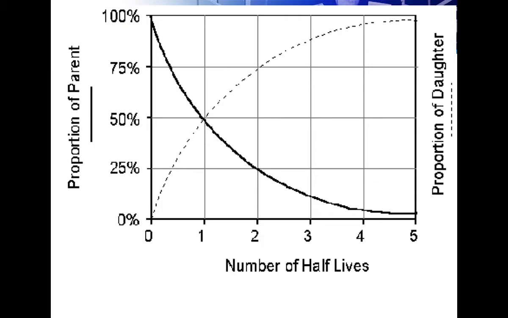It's almost like imagine you have a pizza, and every time you go through a half-life, you split it in half and keep splitting your pizza in half until hypothetically there is nothing left. So what scientists do is figure out how much of this parent and daughter material they have. If I see, all right, I'm studying this rock, it's 50%, I can look at it and go, okay, it must have gone through one half-life if it has 50%.